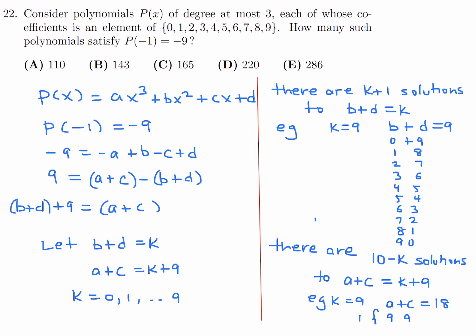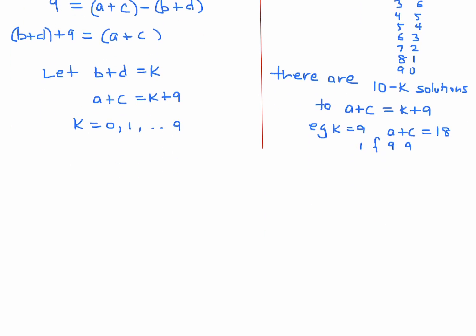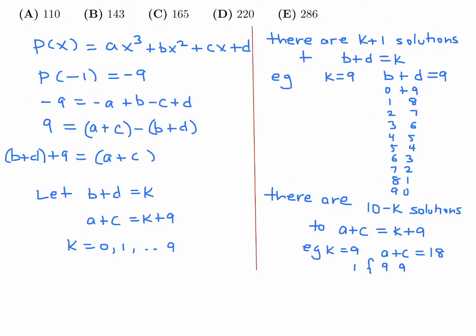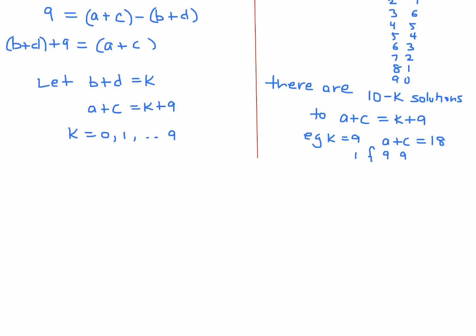All right, so now we get to the end of the question, the total number of cases. We want this and this. So the number of cases here have to be multiplied by the number of cases here to give the total number of cases.